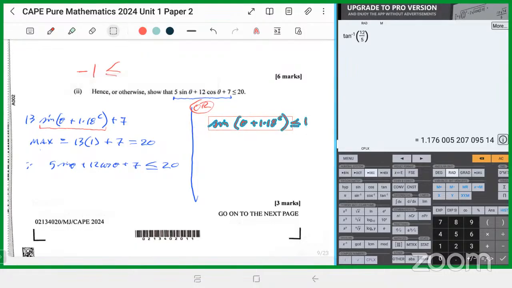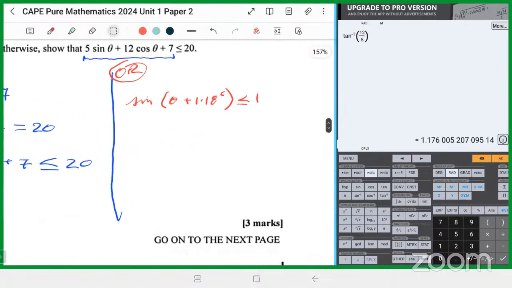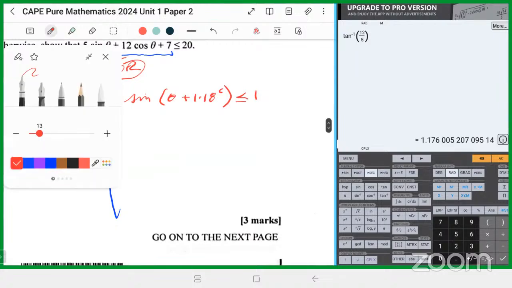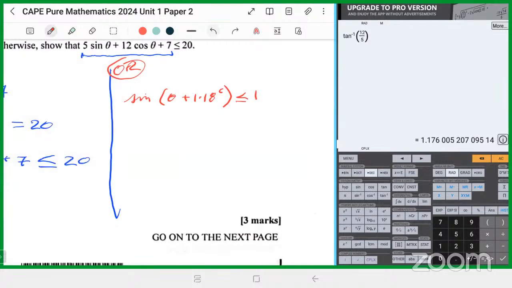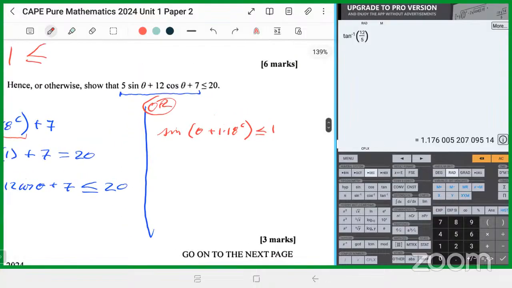It's only 3 marks, but let's go. What I'm going to do is say this really is equal to this. We know that this is true, but this and this are the same, so I'm going to write back this expression for this. That's the first thing. Oh, it's a 13.